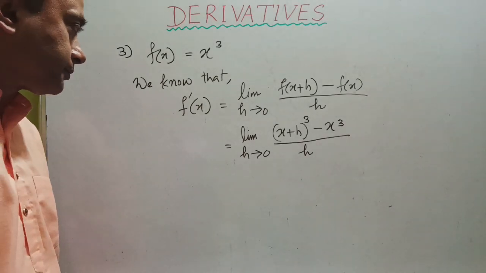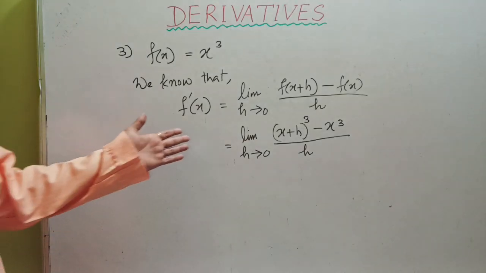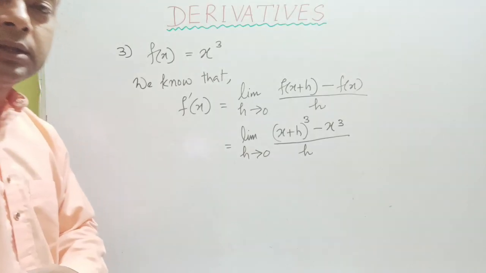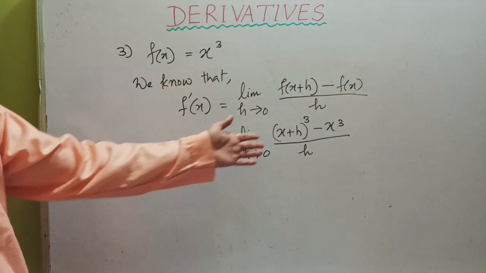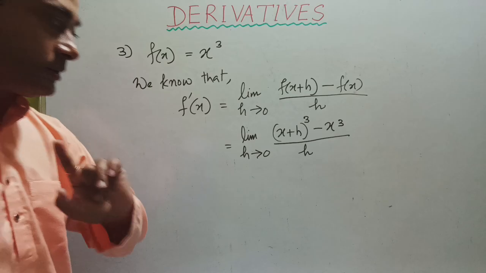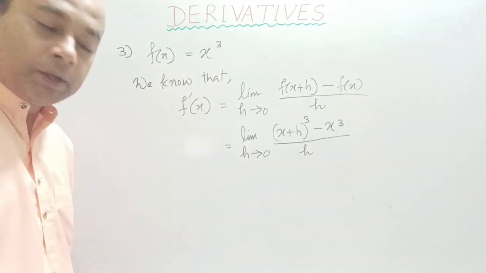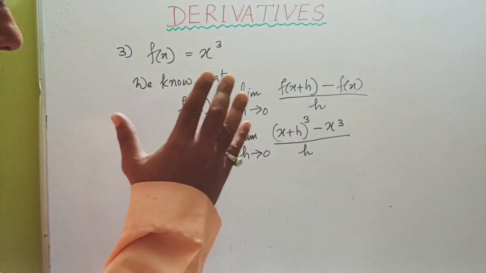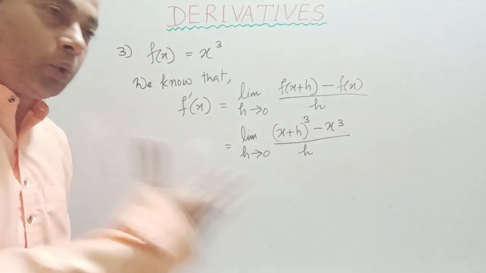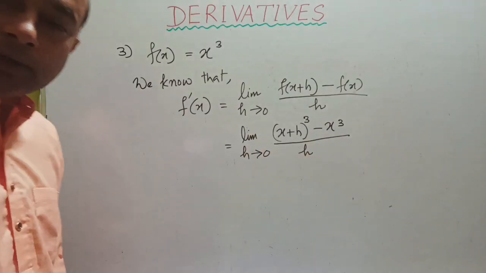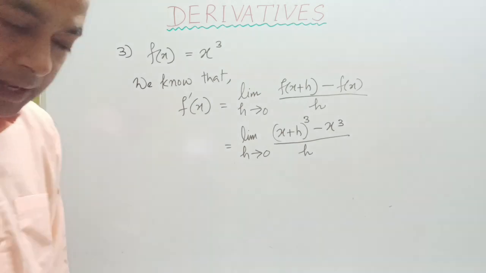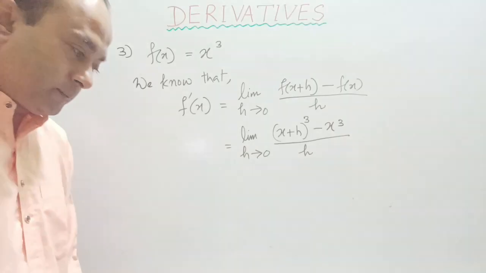We know that f(x) equal to the usual formula, and after this you put in the values, and then apply the a plus b whole cube formula. Please put the a plus b whole cube formula and go ahead, and you can write in the comment section what the answer to this derivative is.